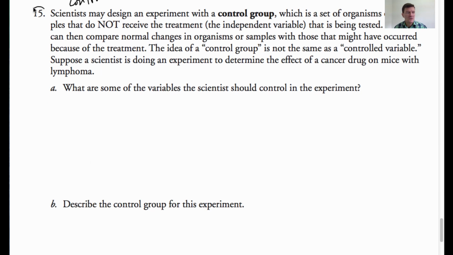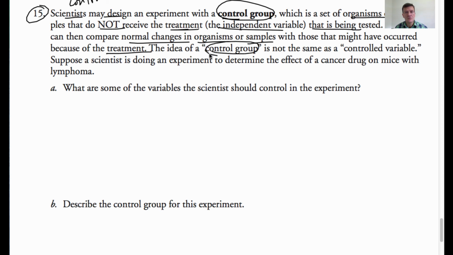Alright, last question here. Scientists may design an experiment with a control group, which is a set of organisms or samples that do not receive the treatment, meaning the independent variable is not changing. Okay? Scientists can then compare normal changes in organisms or samples with those that might have occurred because of the treatment.